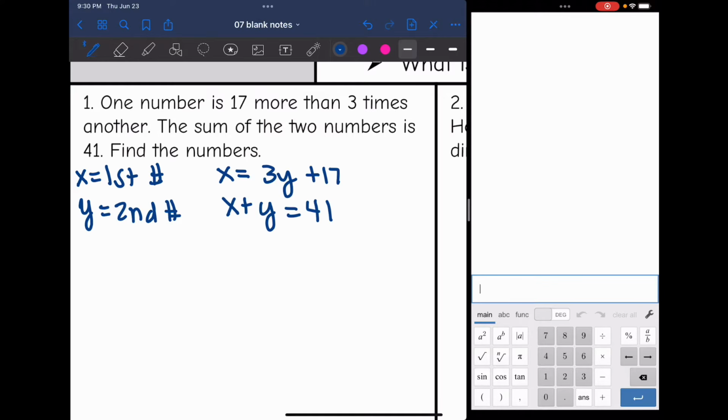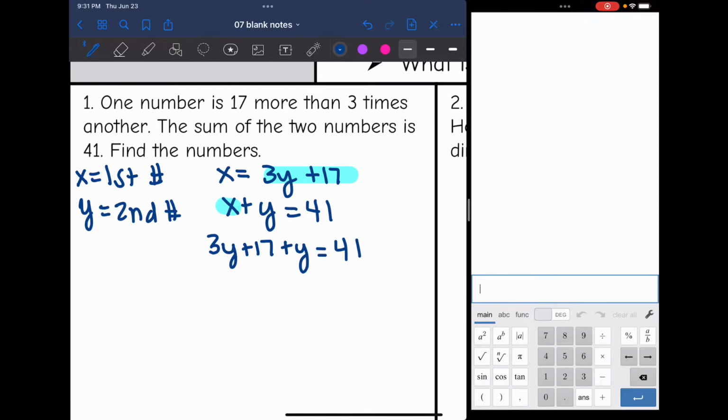Okay, so I defined my variables, I wrote the system, now I need to solve the system. So we want to decide if substitution or elimination is better. Substitution would definitely be the easiest one here in my opinion, because this says x equals 3y plus 17, so I can replace x in this bottom equation with 3y plus 17. So I'm going to go ahead and do that. Instead of x, I'll put 3y plus 17, and then plus y equals 41.